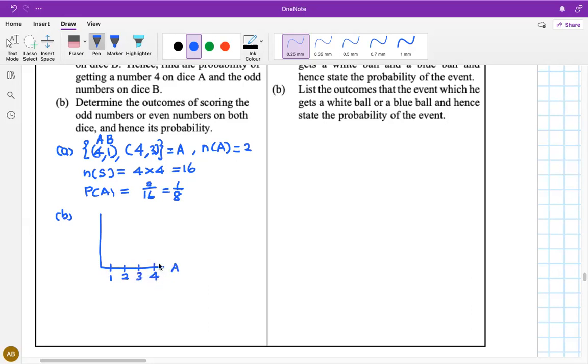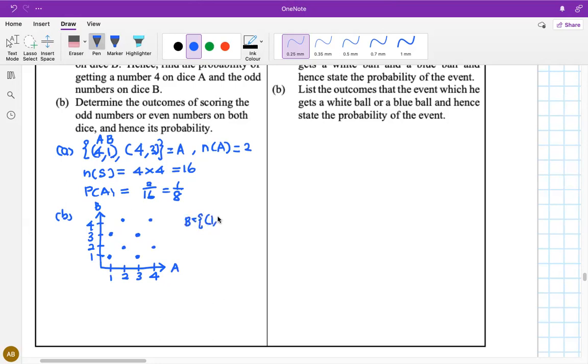This is dice A, dice B. So 1, 2, 3, and 4. Okay, so both are odd numbers. You can see 1, 1, 1, 3, 2, 2, 2, 4, 3, 1, 3, 3, 4, 2, and 4, 4.